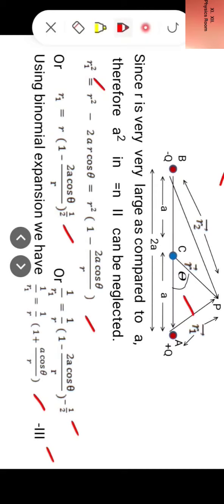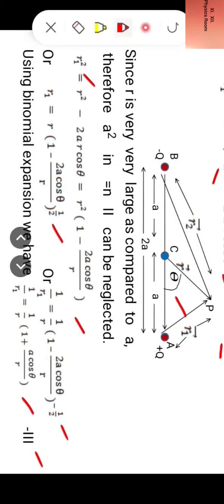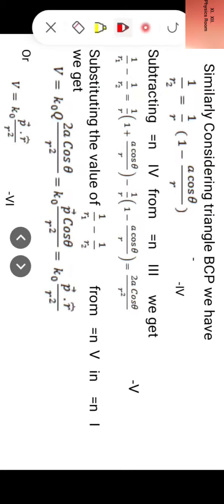Let us mark it as equation 3. Now similarly, considering triangle BCP, we have 1 by r2 is equal to 1 by r into 1 minus a cos theta by r. Let us mark it as equation 4.